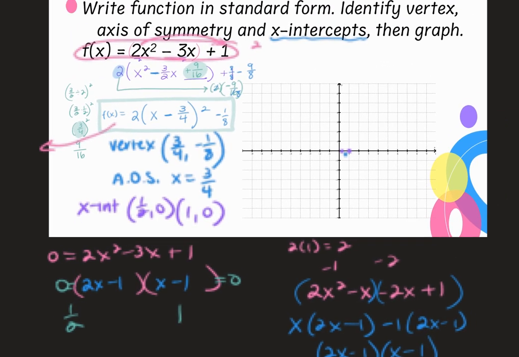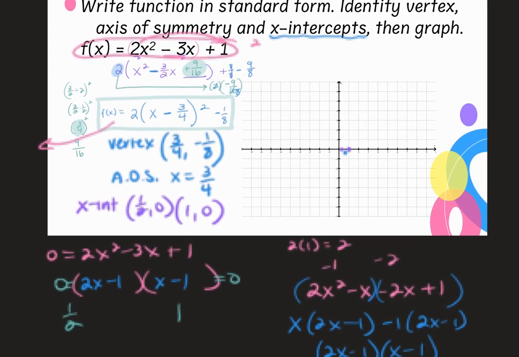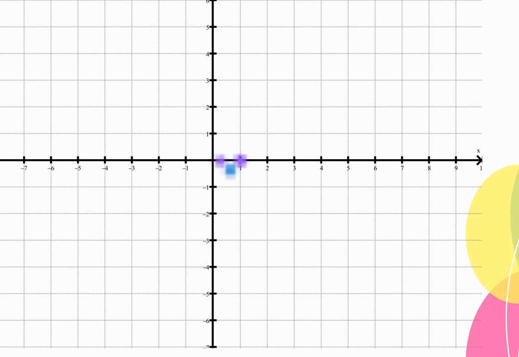In this case, would it be easy to find your y-intercept? Yep, come back up to the beginning, make both those x's 0, and what's your y-intercept? 1, good. So I know it's here, it would reflect over here, I could draw my parabola.